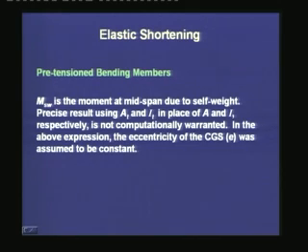The precise results using AT and IT of the transformed section in place of A and I of the cross section is not computationally warranted. In the above expression, the eccentricity of the CGS was assumed to be constant throughout the length of the member.